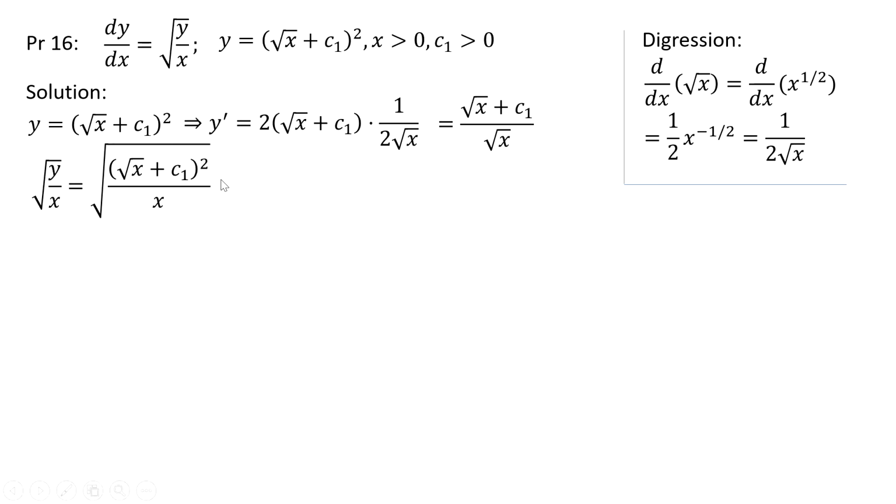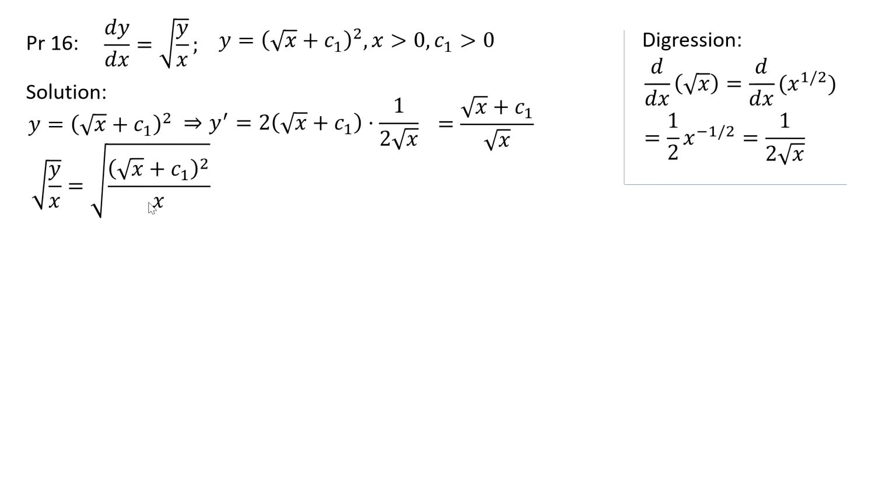Now you tell me, pay attention please. Is square root of a over b equal to square root of a over square root of b? Are you with me? Square root of the quantity a over b, is that square root of a over square root of b? Yeah, it is.